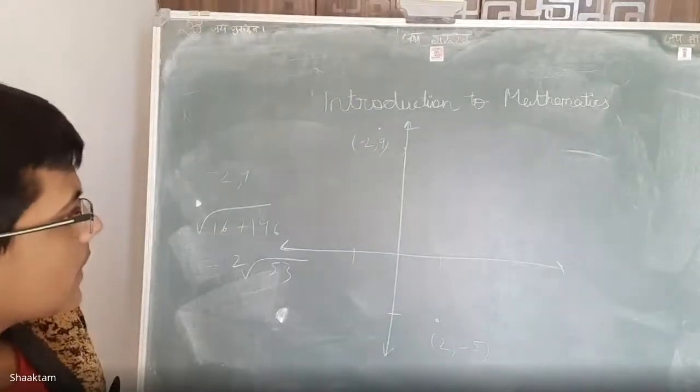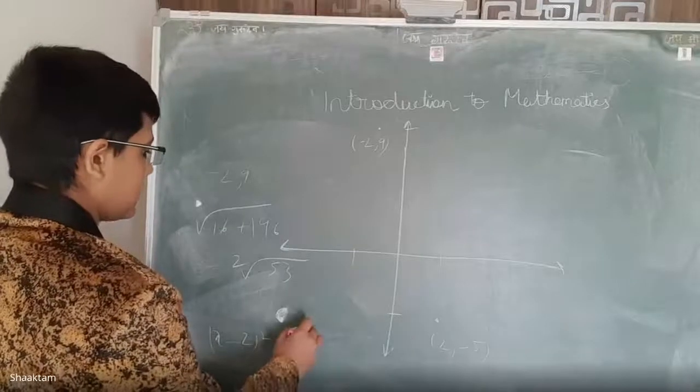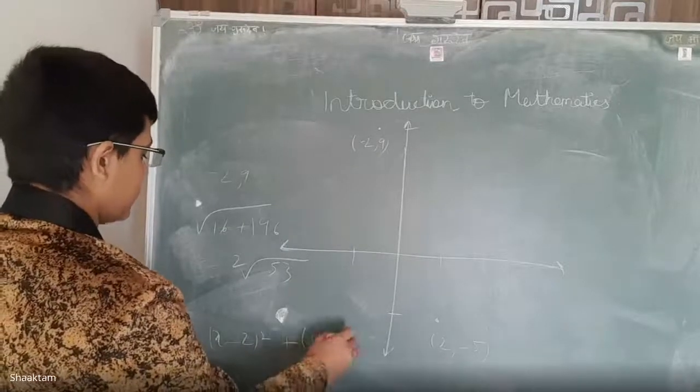And then again use the distance formula for x and the point (2, -5), so x minus 2 whole square plus 0 plus 5 whole square, right? Yeah, plus 5 whole square.